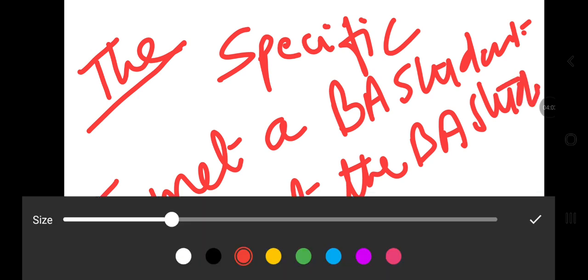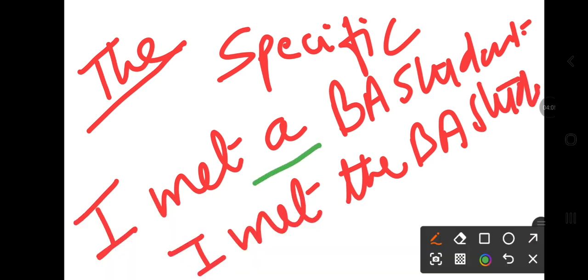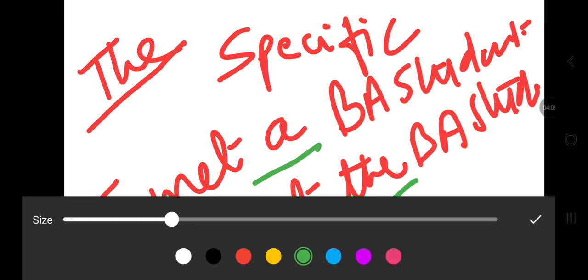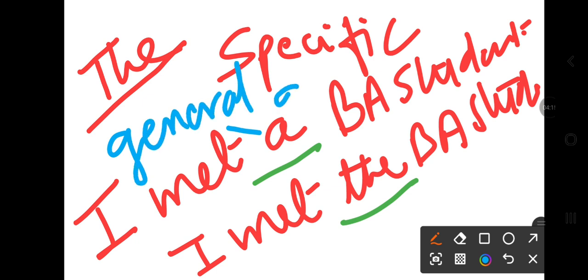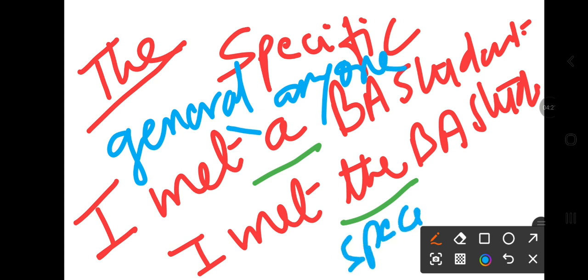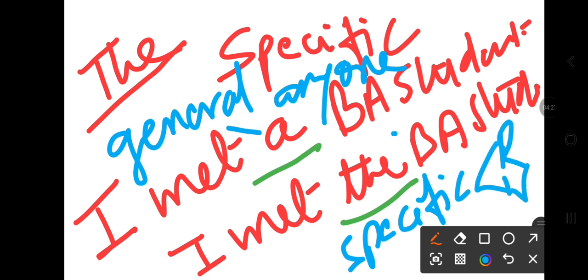The difference is that this is a and this is the. A is general, or anyone, and the is specific, which the reader or writer is familiar with. So this is the difference.